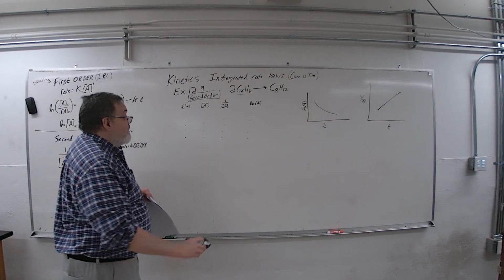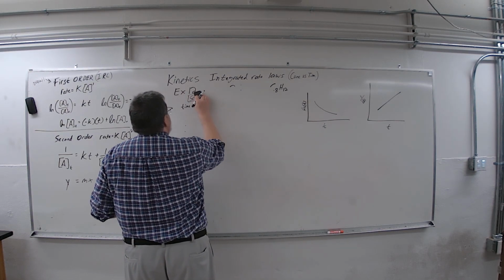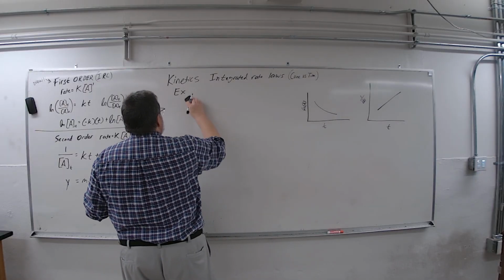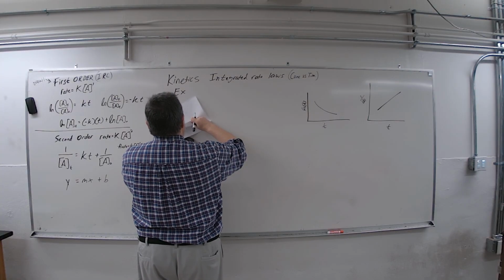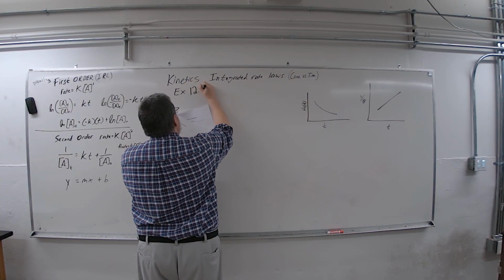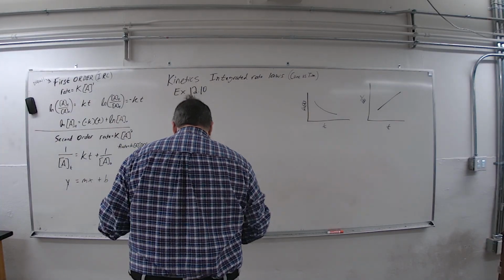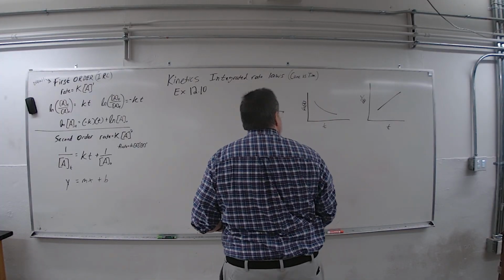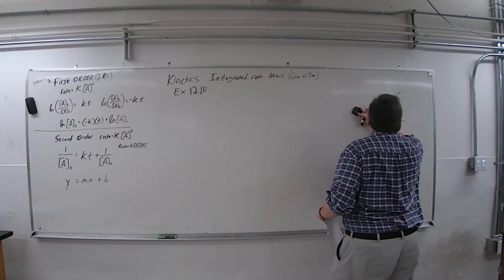You don't even need to memorize them, or even know the calculus it takes to get to them. So this is going to be, when I get to it, 1210. 1210 is a 0 order. I'll write the 0 order equation up here.